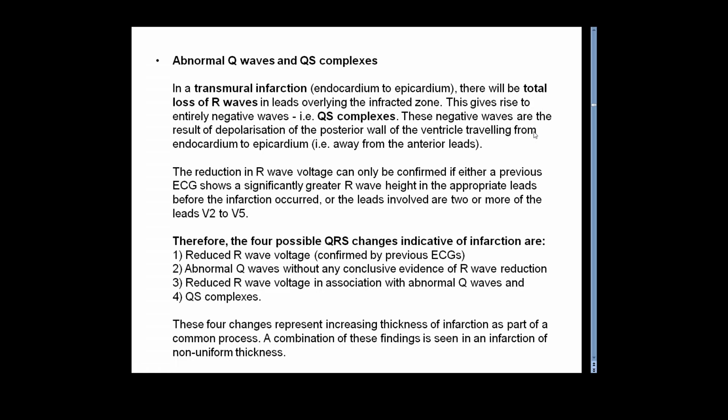There will be a total loss of R wave in leads overlying the infarcted zone. This gives rise to an entirely negative wave, formation of QS complex without R. These negative waves are the result of depolarization of the posterior wall of the ventricle traveling from endocardium to epicardium.